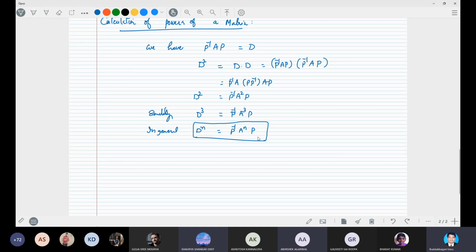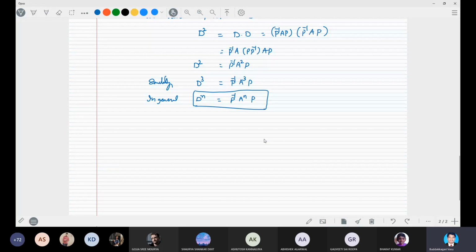Yes, sir. (P^-1 A P)^n is equal to P^-1 A^n P. Now our aim is to find the power n of A. So to obtain A^n, what do we have to do?